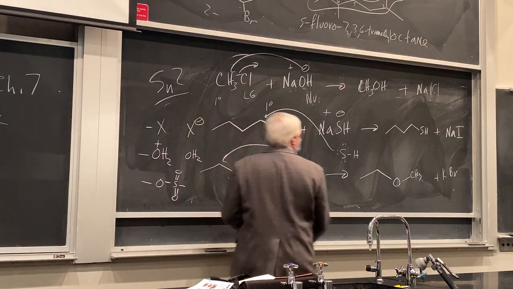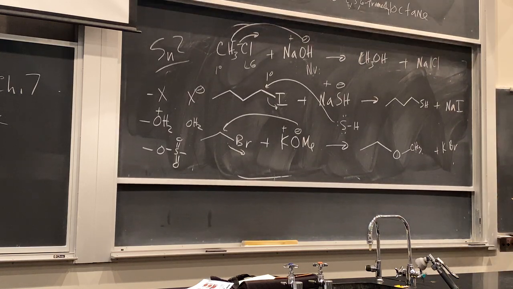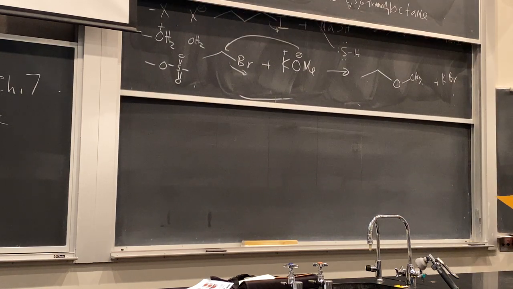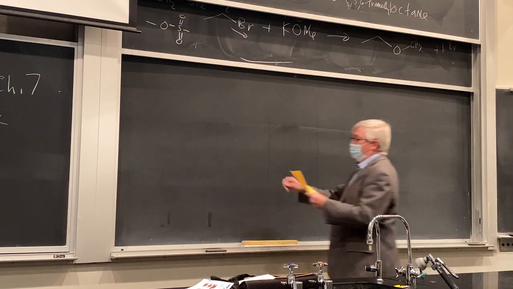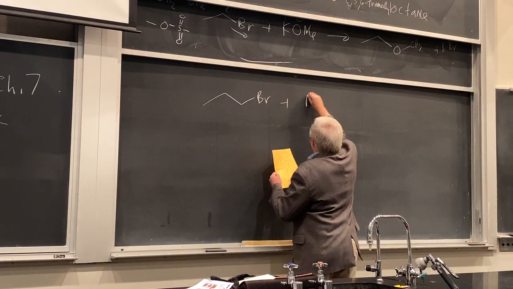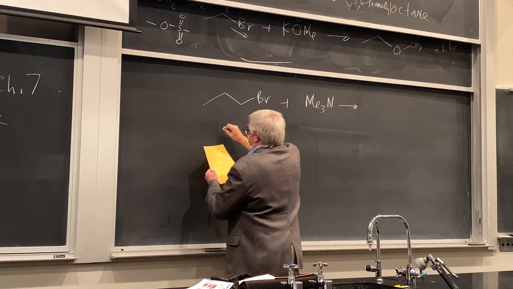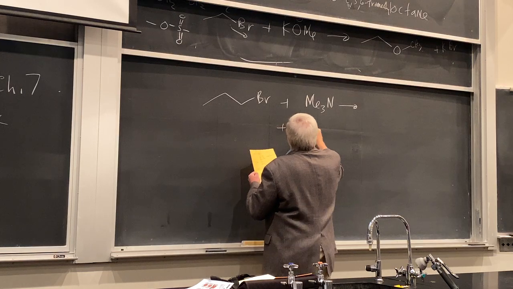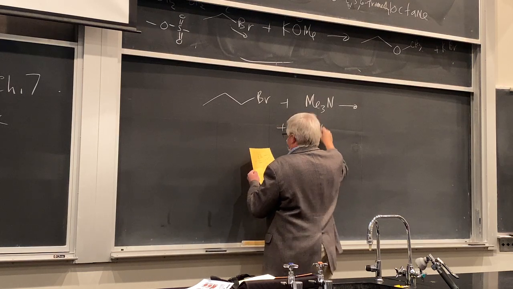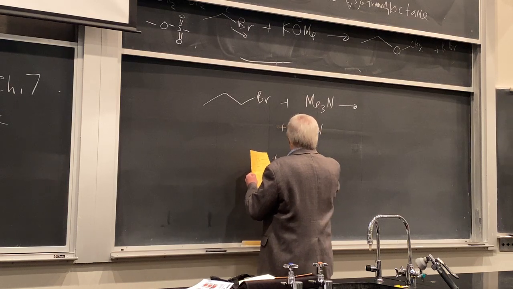Let's do a couple more here. Got some time. How about amines? How about this? Plus trimethylamine. And how about same one, but just with ammonia? And how about the same one, but with pyridine?